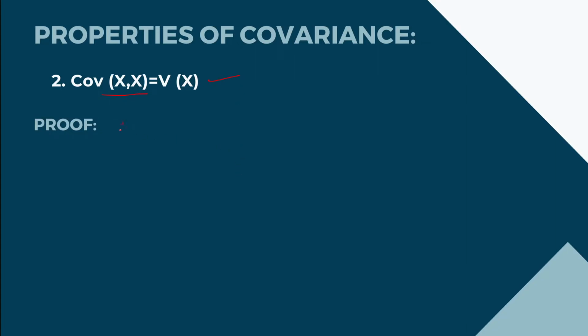Now the second property is covariance between x and x itself is equal to variance of x. So consider the proof. Let us take the left side, covariance of x comma x. By definition it is 1 upon n sigma x minus x bar multiplied by x minus x bar, since both the variables are x.